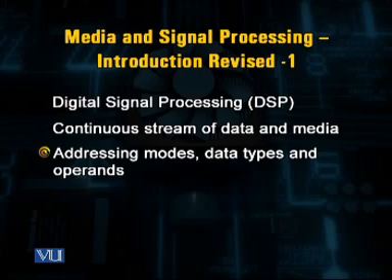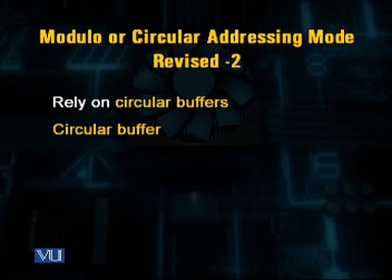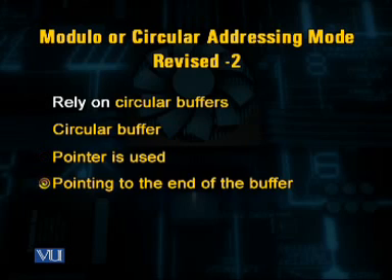The digital signal processor, which deals with continuous data streams, relies on circular buffers, where the data are added to a circular buffer and a pointer is used to identify the start and end of the buffer.